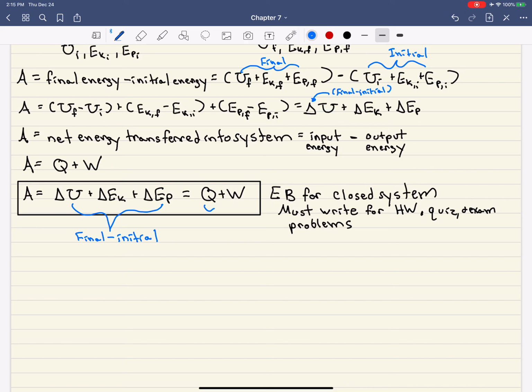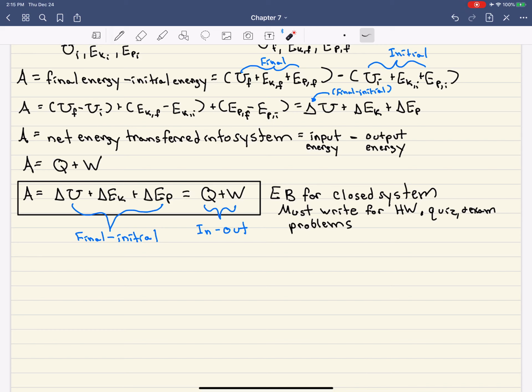The right-hand side, though, remember, we're looking at an input minus output. All right. Right, so the energy that goes into the system minus the energy that goes out, or the energy flow that goes into minus the energy flow that goes out of the system. Right? If we moved Q and W to the left-hand side, then we would be considering an out minus an in.